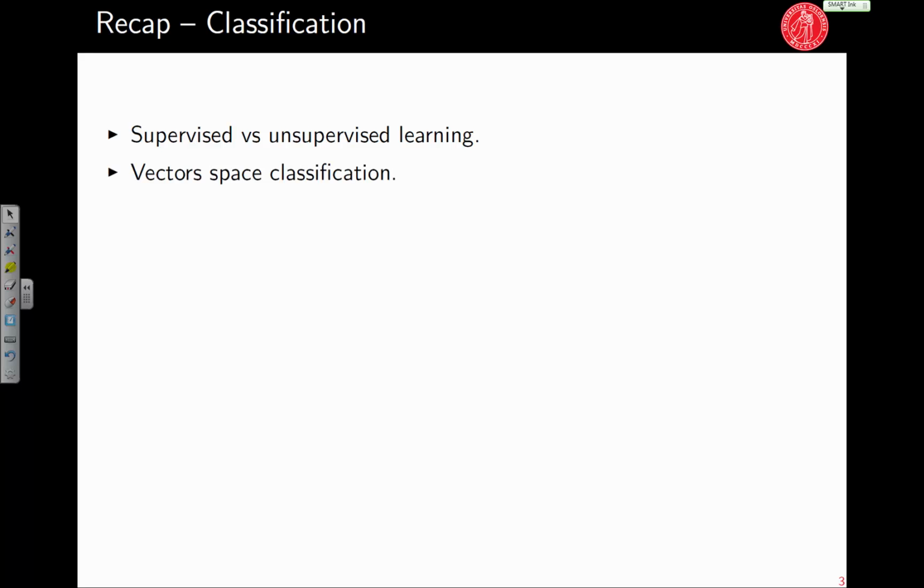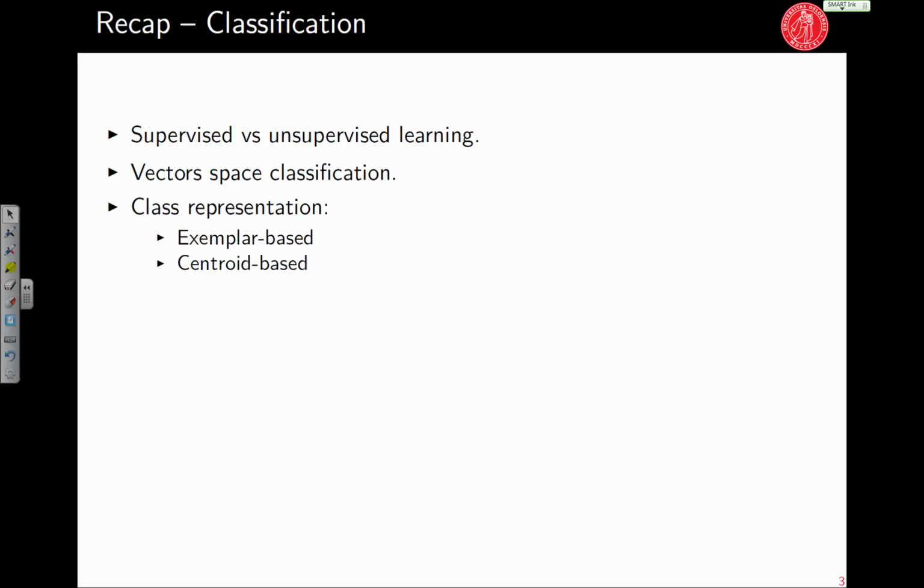And we did that within the realm of vector space models, so things that we have already learned about, and we improved our understanding of vector space models in order to represent classes of objects rather than just individual objects or data points.